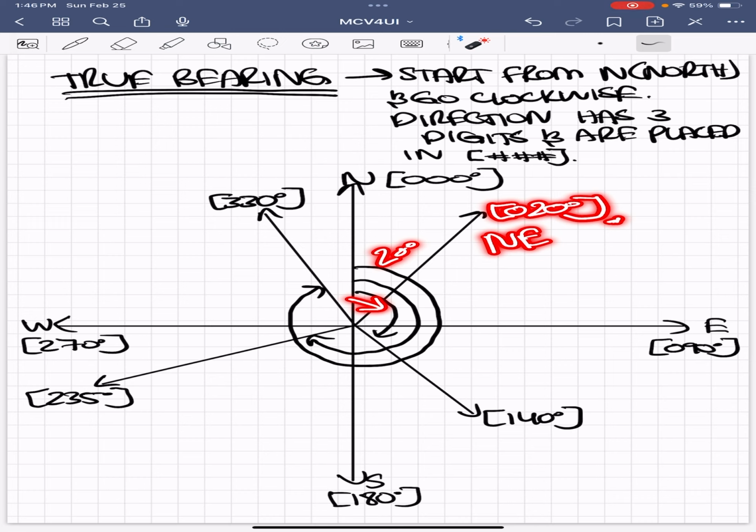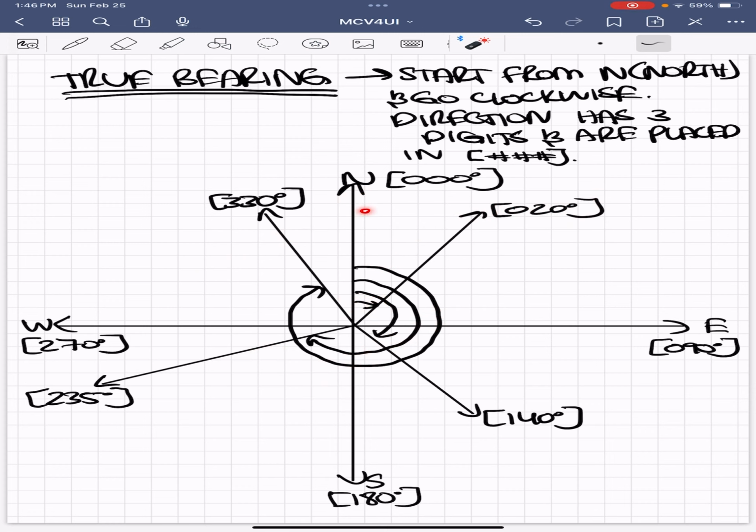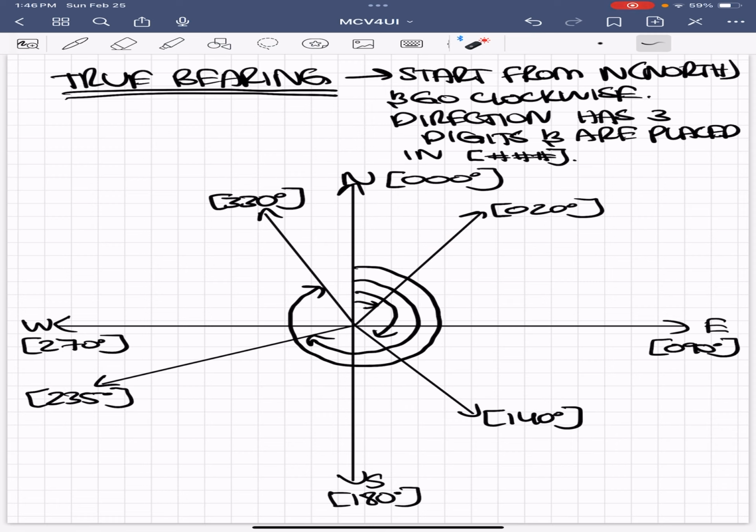It's just another way to measure the angle in which the vector is pointing. And you go clockwise, like pretend it's a clock. You go clockwise, so this direction, and you start at north, and it's another way to measure vectors.